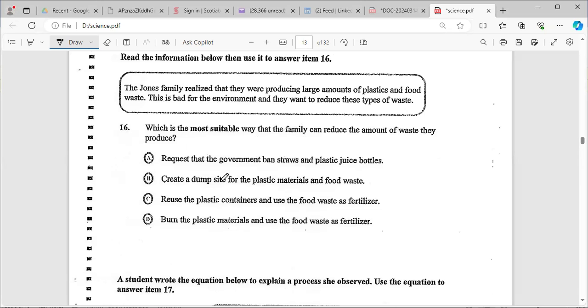B. Create a dump site for the plastic materials and food waste. C. Reuse the plastic containers and use the food waste as fertilizers. I like C so far. D. Burn the plastic materials and use the food waste as manure. I'm gonna go with C. Reuse the plastic containers and use the food waste as fertilizers. No waste.